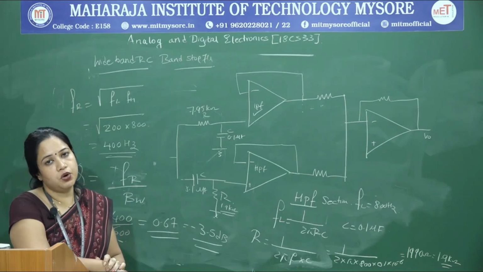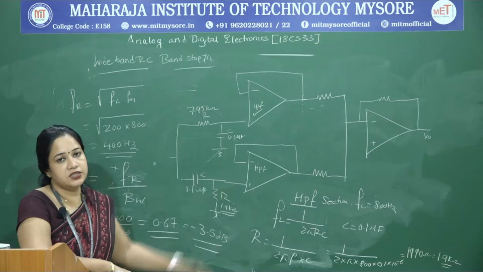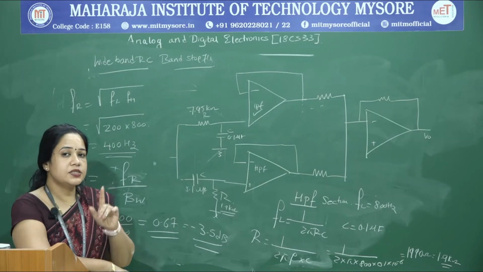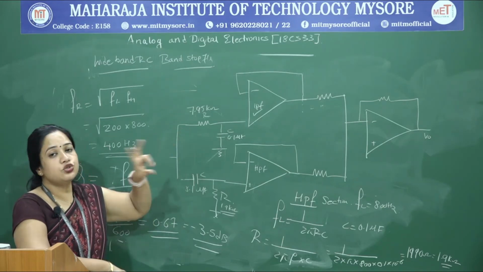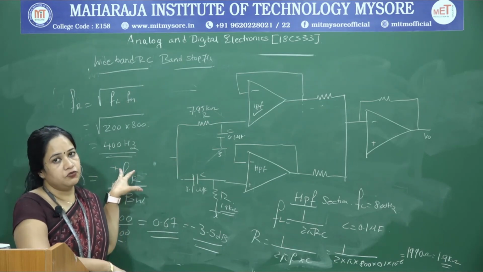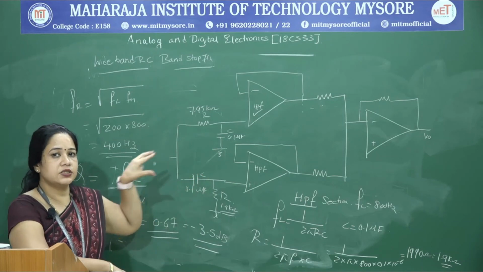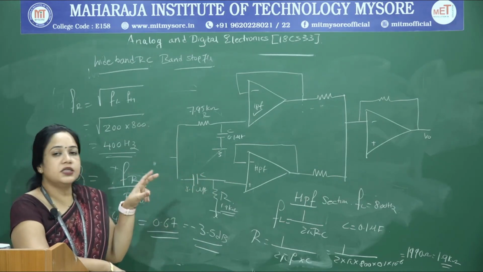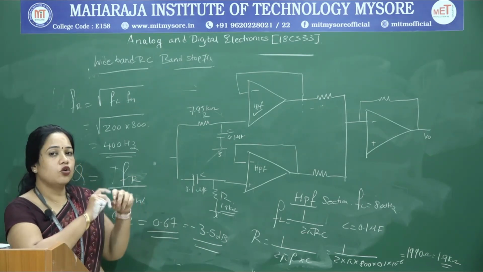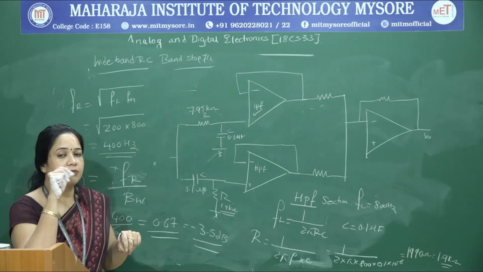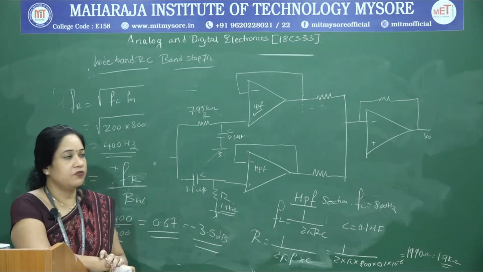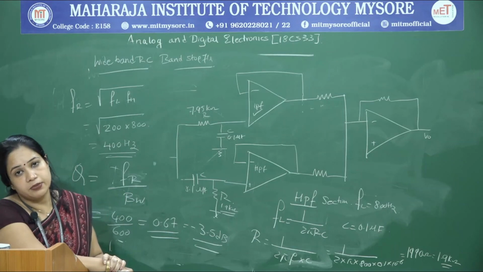So, instead of using 3 amplifiers, a low pass filter, a high pass filter and a summing amplifier, we just go with a single amplifier, and what we do is we use 2 twin T sections, one T section forming a low pass filter with 2 resistances and a capacitance, and another T section forming a high pass filter with 2 capacitances in series and a resistance in parallel, and the output of this is given to an operational amplifier to add the advantages of the operational amplifier, resulting in what is called a narrow band stop filter.